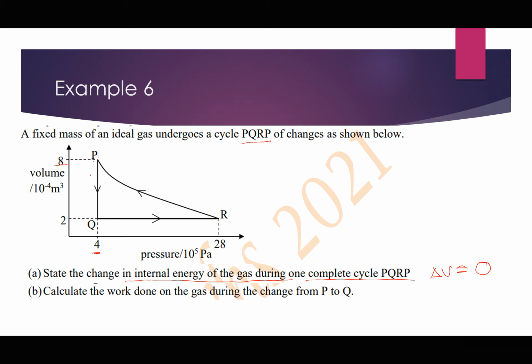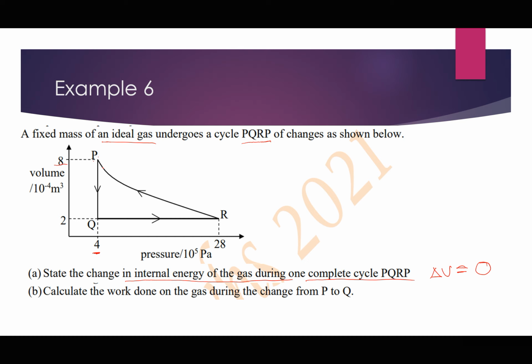Temperature is the average kinetic energy of the molecules that make up the system. If the average kinetic energy is the same, the total kinetic energy of the molecules has remained the same. And remember, for an ideal gas, internal energy is the total kinetic energy of these molecules. Therefore, if we come back to point P, the total change in internal energy will be zero.